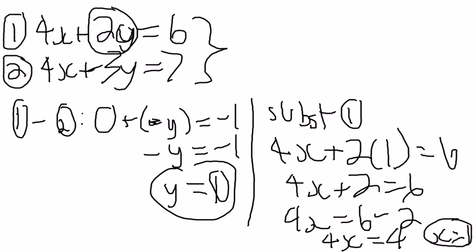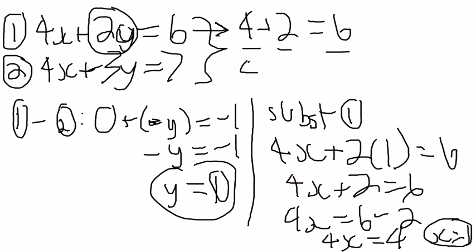Now you always want to check your answers. It always helps to do that because you always want to know what's right. So for the first equation, if y is 1 and x is 1, you have 4 plus 2 equals 6. Now keep in mind that I'm just multiplying it right there. So 4x, 4 times 1 is 4, 2 times 1 is 2. So 4 plus 2 is 6.